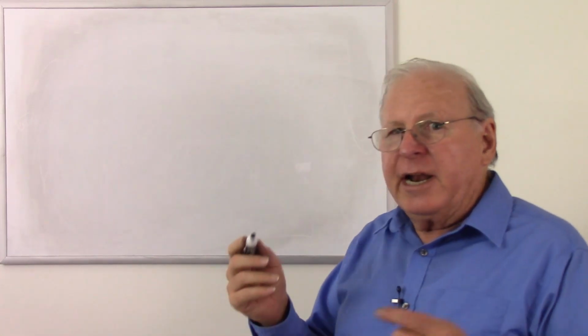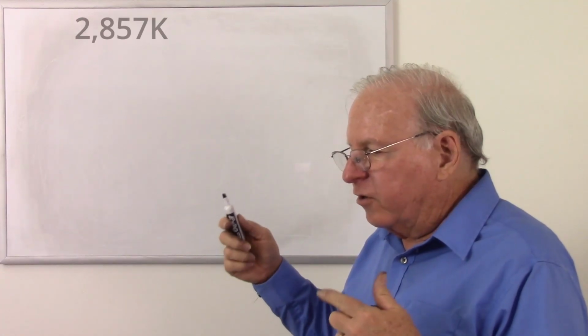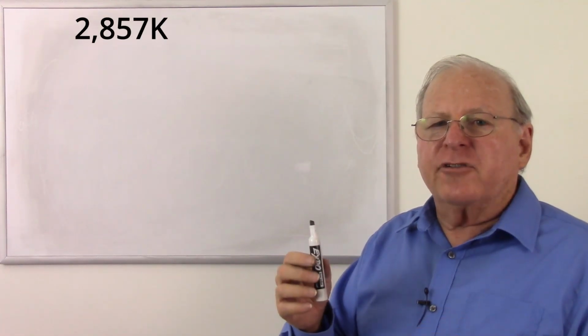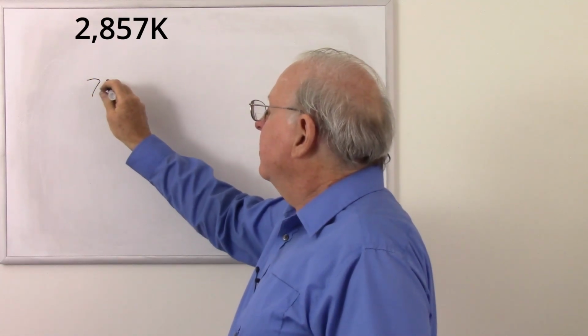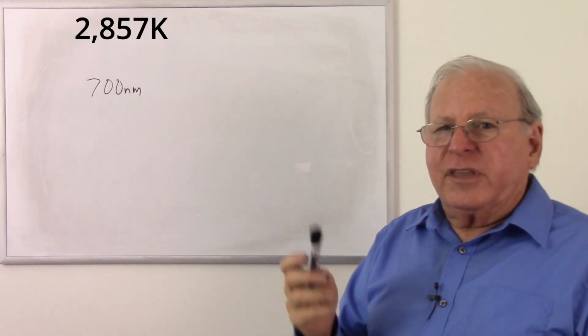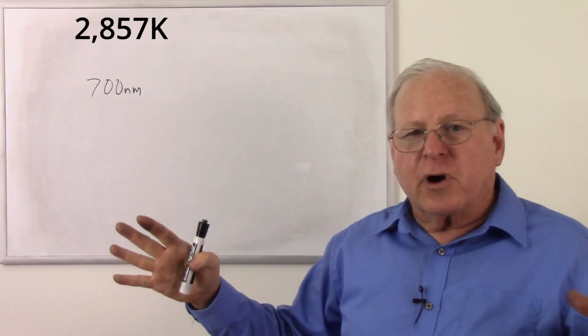When that black body radiator gets up to a temperature of 2857 degrees Kelvin, it now produces radiation at a wavelength of 700 nanometers, which is the edge of visibility. Now, of course, you're going to be able to see it before that, because remember, it's a very broad spectrum.